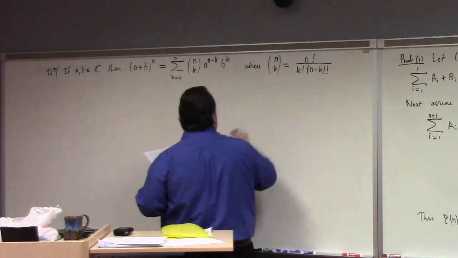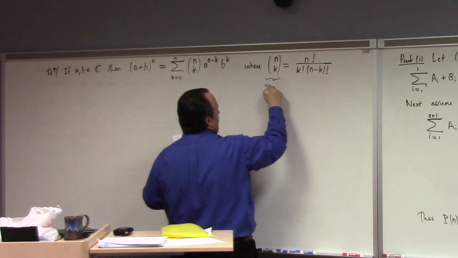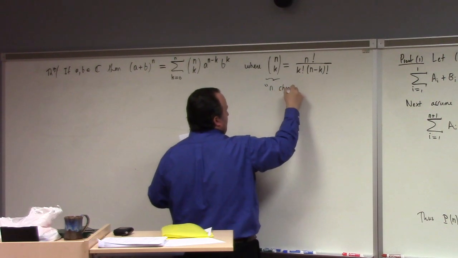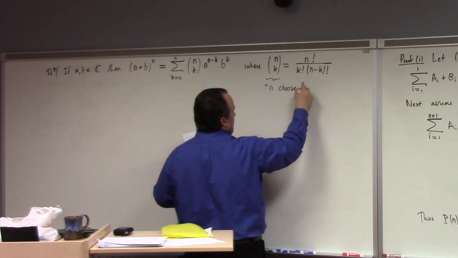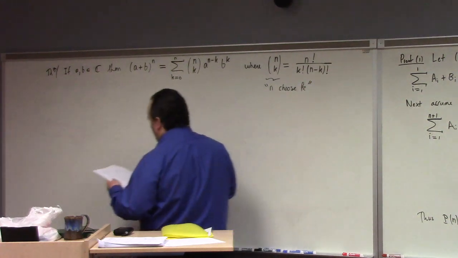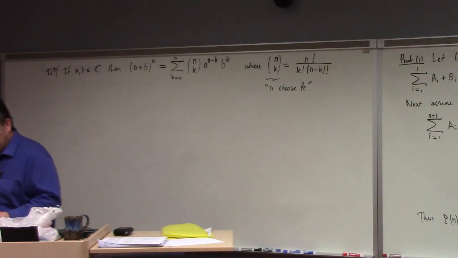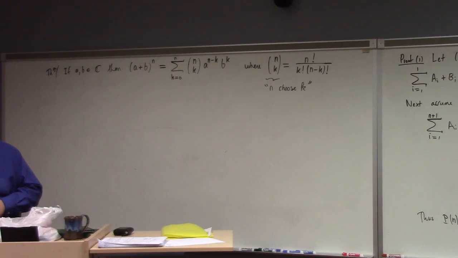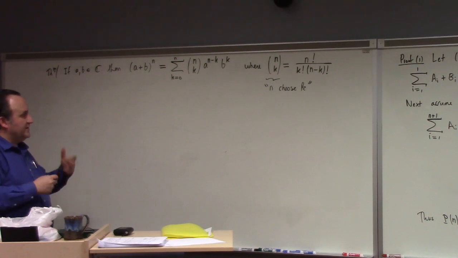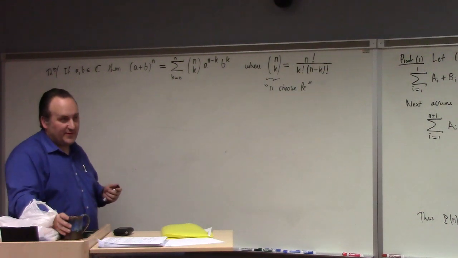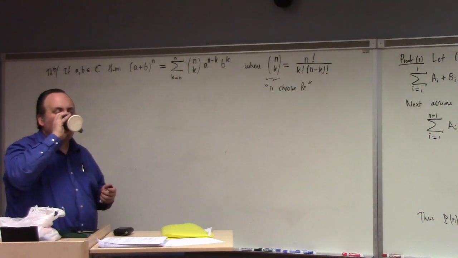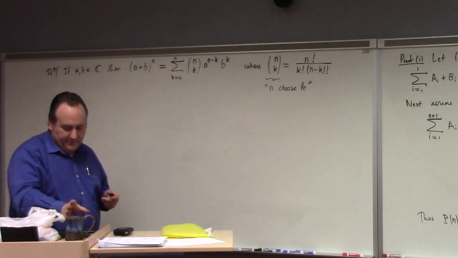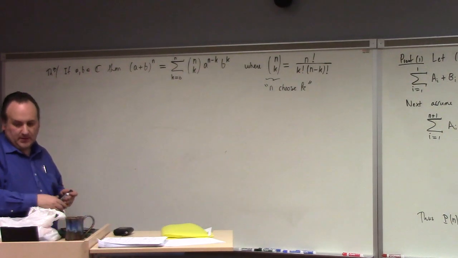This is read "n choose k" for its significance in terms of combinatorics, which I won't try to elaborate on in here. All right, so this is the famed binomial theorem, and we can prove this by induction, actually.